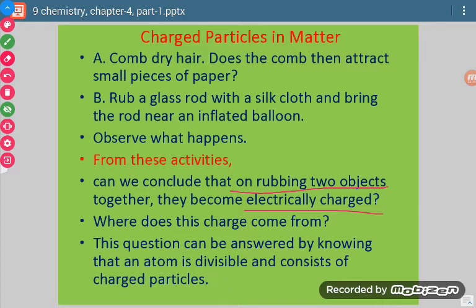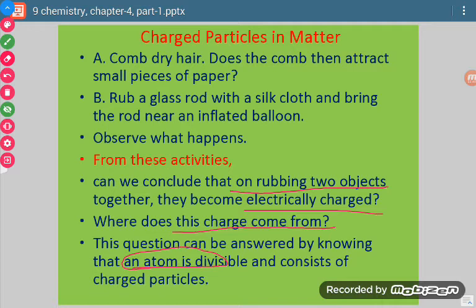Now the question comes, from where does this charge come? The charge comes from the atoms. Okay, which atoms? Atoms of that particular substance, just like atoms of hair, or atoms of comb, or atoms of silk cloth, or atoms of glass rod.